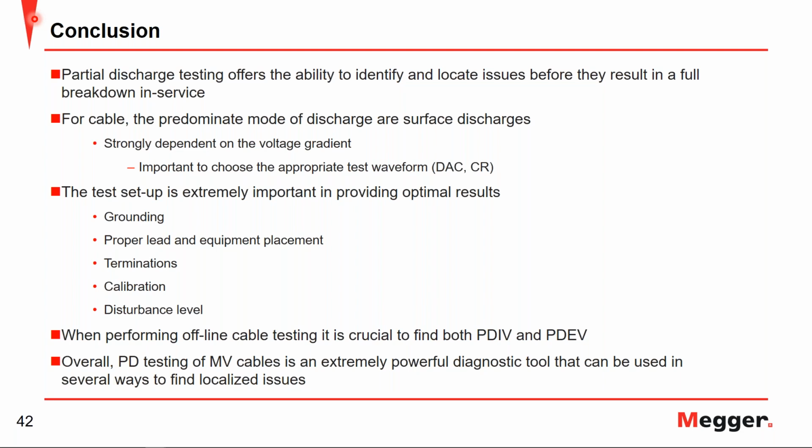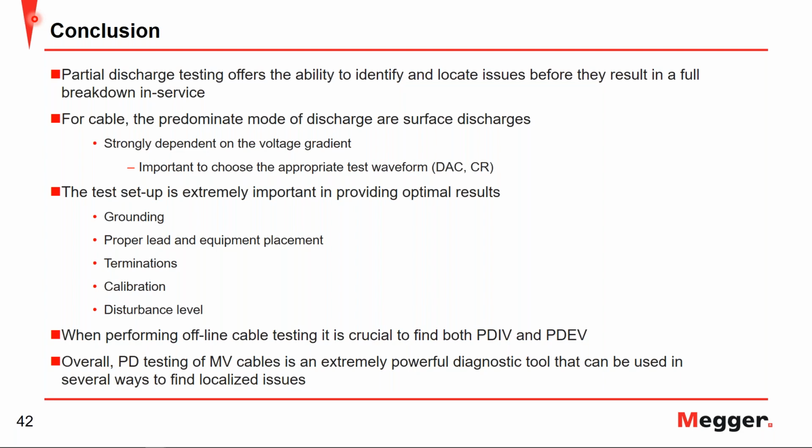Finally, the test setup is extremely important to give you those optimal results. You have to pay attention to your grounding, again important for your safety, the instrument safety, as well as the quality of measurement. We saw what happened to the calibration when that happened. Proper lead and equipment placement: you want to have that high voltage air insulated, and you want to have your equipment as close as possible with short connections.